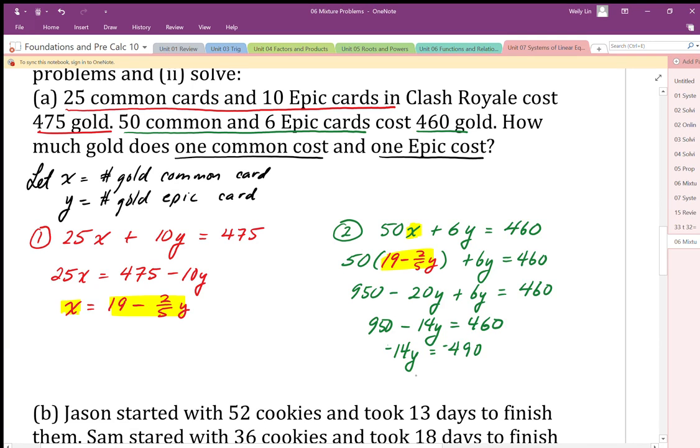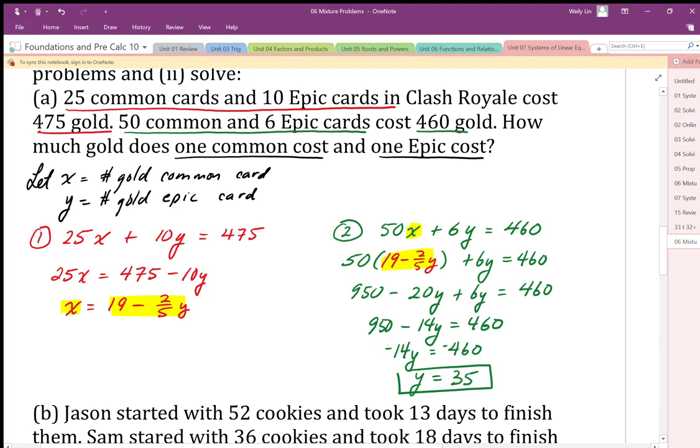Negative 490 divided by negative 14 works out to be 35. I'm just going to double check that. 490 divided by 14 is going to be 35. So I've solved for y.